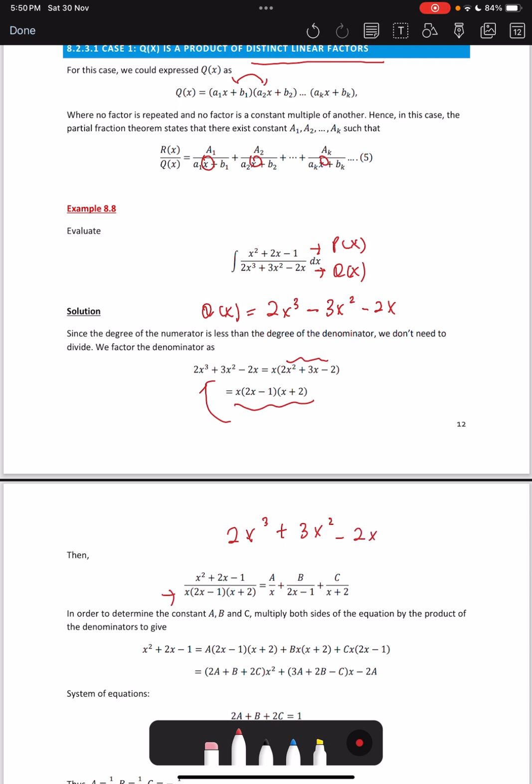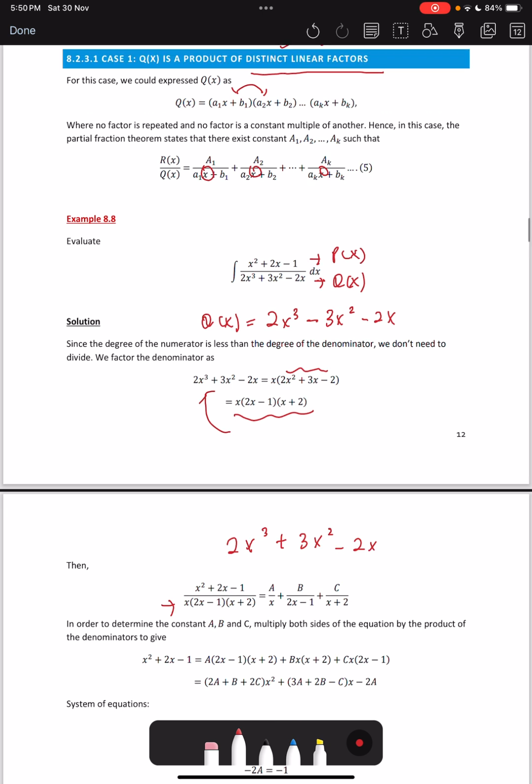You can segregate this, because if you look here, the denominator is a product, because they multiply with each other, of linear functions: x to the power of 1, 2x minus 1, x plus 2. It's all linear. So you can do a partial fraction like this, where A divided by x, plus B divided by 2x minus 1, plus C divided by x plus 2.